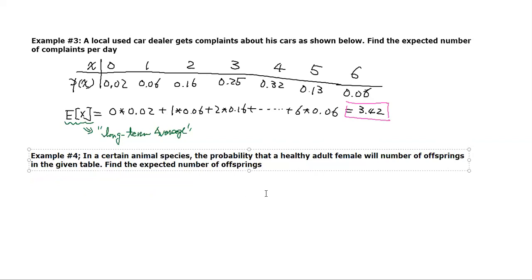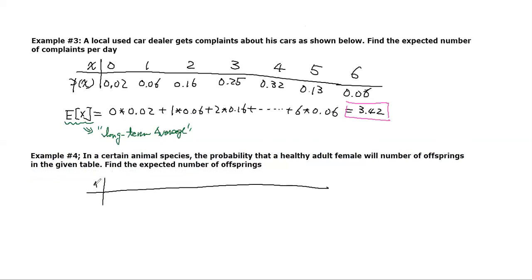So for this certain animal species, I have the female adult, the chance and the probability. The chance to have no offspring, 1 offspring, 2 offspring, 3 offspring, 4 offspring.